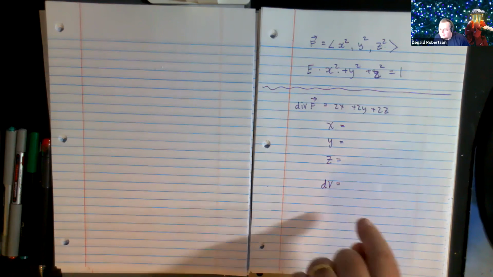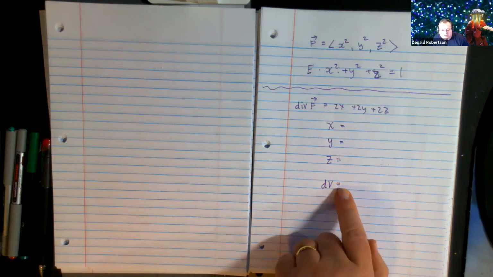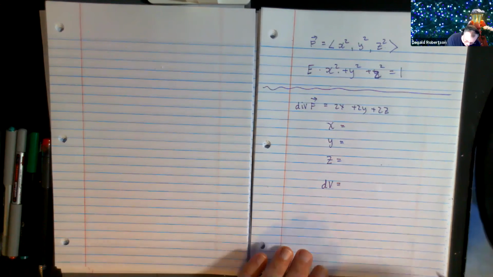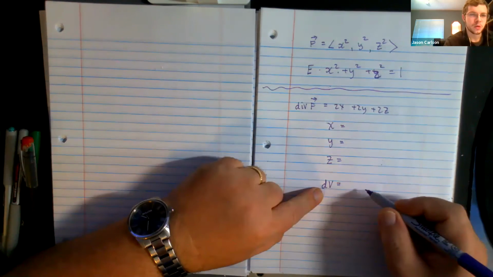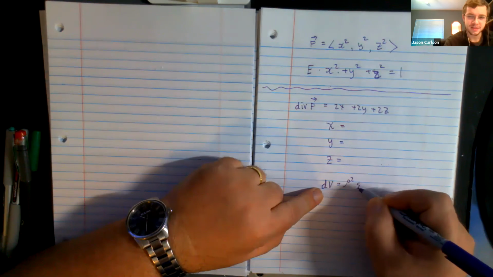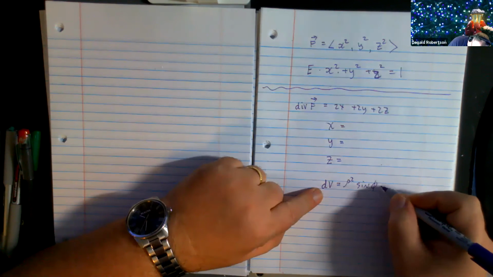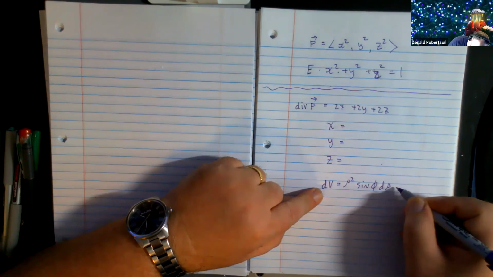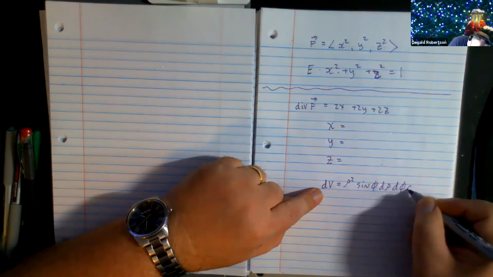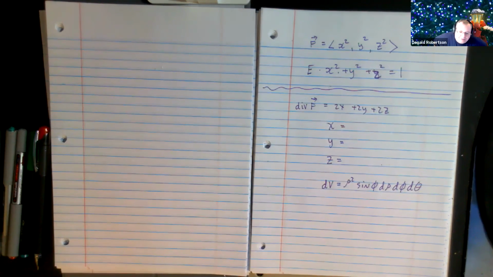Like r dr d theta dz, that's cylindrical. I've got it in front of me, but does anybody know it? Rho squared sine phi? Yep. And then you basically just do d rho, d phi, d theta, and they may change permutations. That was pretty good.